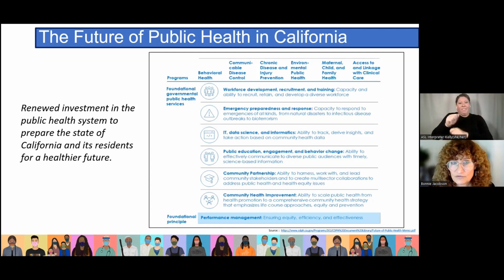So the creation of the Future of Public Health Program and this historic amount of funding was another really important element that allowed for the lean transformation to start to crystallize and begin to take form.